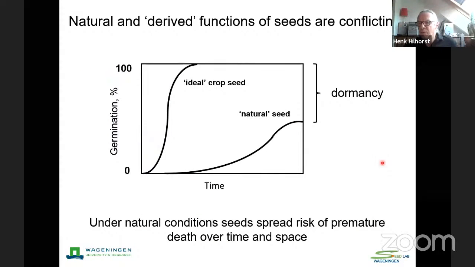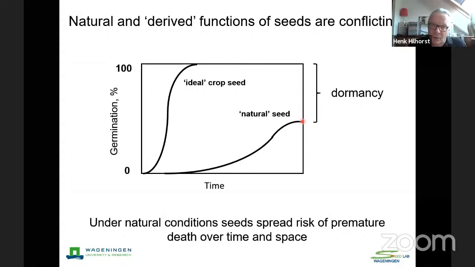Now, there's another problem when you look at seeds, and that is that the natural and the derived functions of seeds are conflicting. So natural seeds, seeds of wild species that you find in the field, when you put them to germinate under optimal conditions, you can see very often something like this. This is the germination time curve, so germination percentage against time. And a natural seed germinates slowly, and not all the seeds germinate.